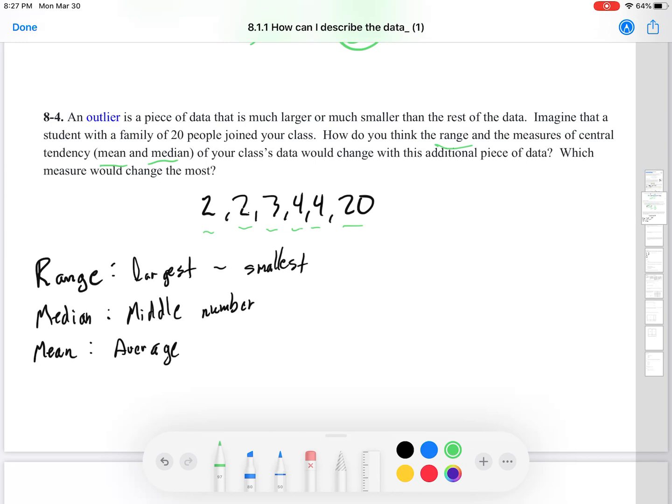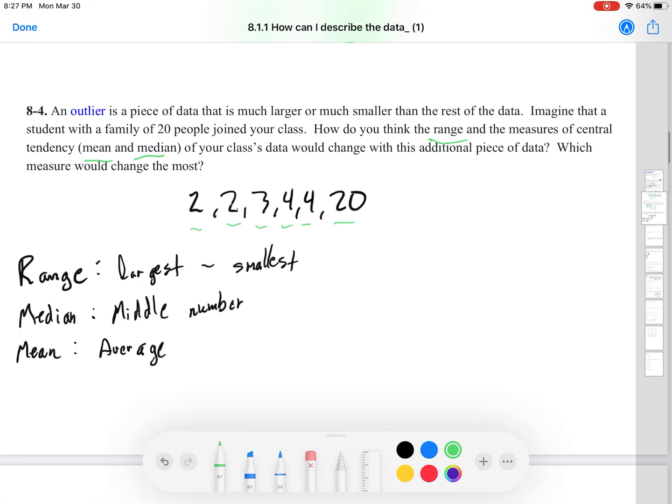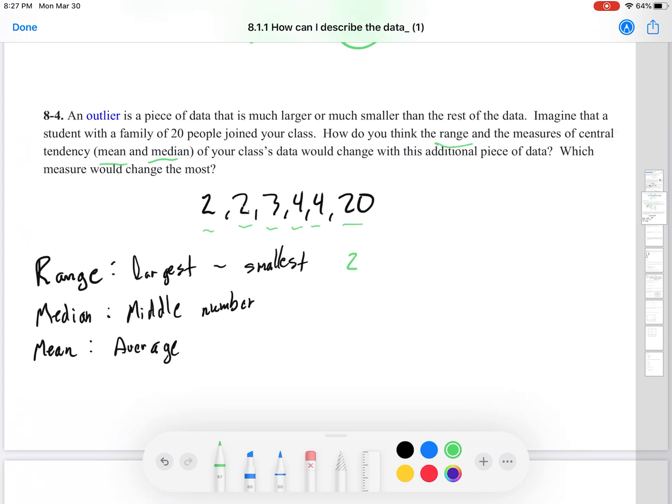Well, we don't necessarily have all of the ways to calculate everything yet. We know that the range would make a big change, because it's the largest take away the smallest. So 20 minus 2 would be 18. That would be a big change, right? The middle number, if we work our way to that one, would not be a very large change, would it?